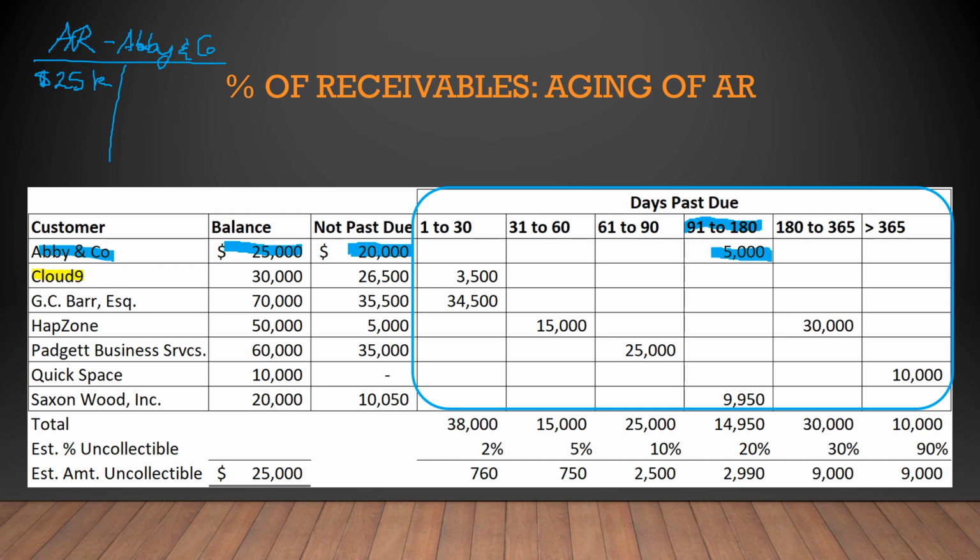Cloud 9 has an AR balance of $30,000. Of that $30,000, $26,500 is not yet due, but $3,500 is overdue by between 1 to 30 days.